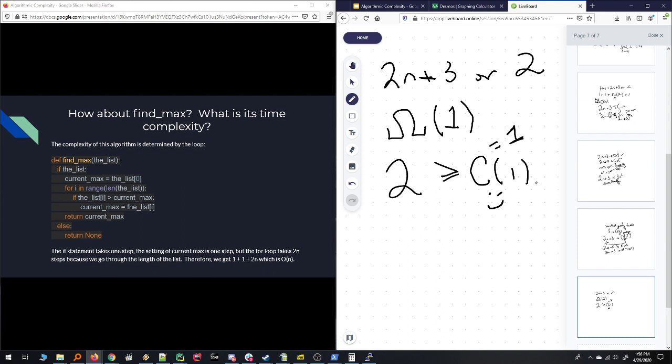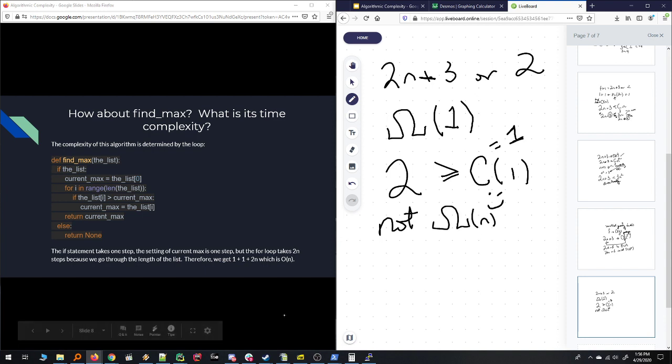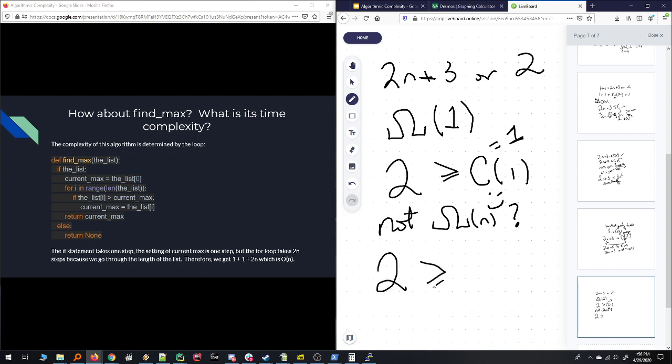So we see here that it's this. Now, why is it not big omega of n? Well, that would require that 2 has to be bigger than or equal to some constant times n, eventually.